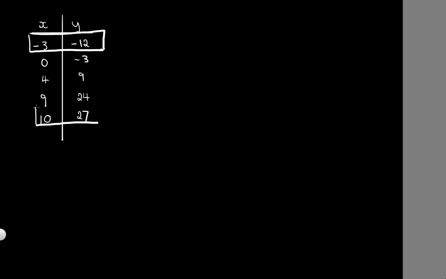So that point is going to be the point (-3, -12), and this one will be the point (10, 27). I'll call this point number 1, and I'll call this point number 2.